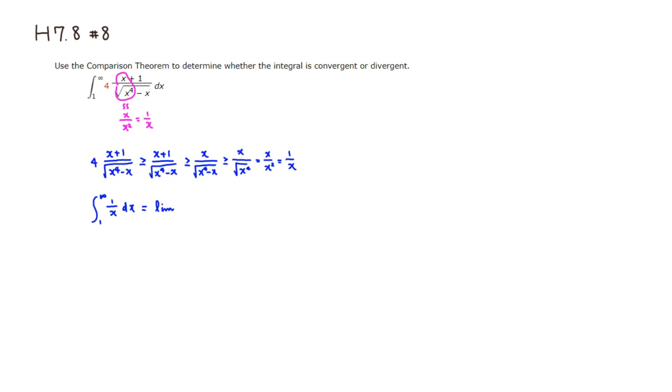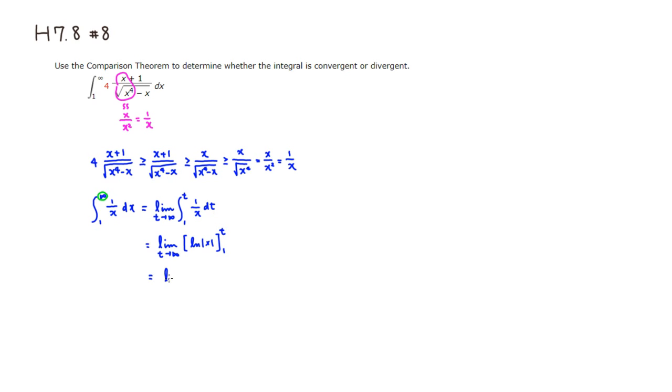Here's the troublemaker: we don't want infinity there, so I'm going to use a limit as t approaches infinity of the integral from 1 to t of 1 over x dx. I'm going to leave the limit alone for now. The antiderivative of 1 over x is the natural log of the absolute value of x, going from 1 to t.